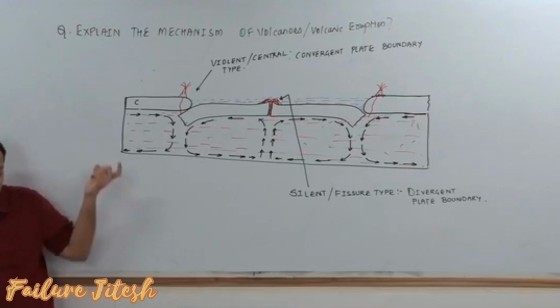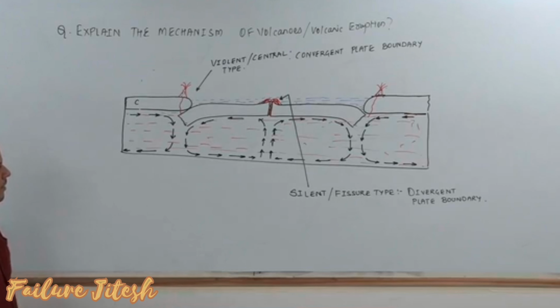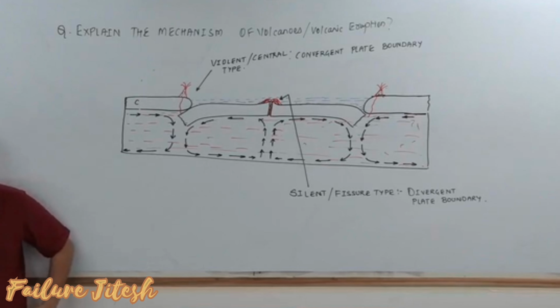This type matlab the central type of volcano. इसमें best example Pacific Ring of Fire.